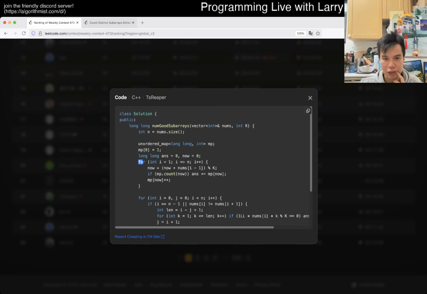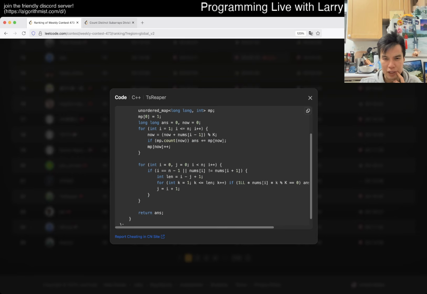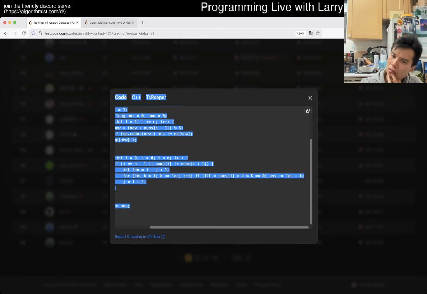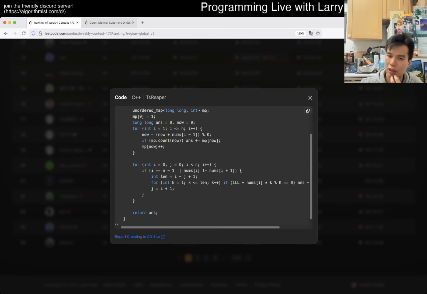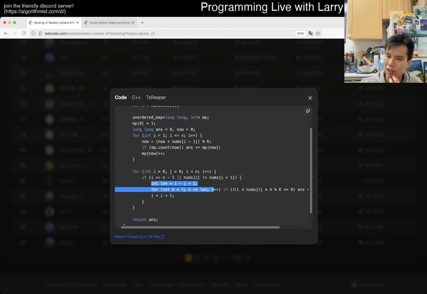I mean, I wrote this part. IJ, I guess they did it with some sliding. Oh, I see. I mean, if he thinks this is fast enough, then it must be. But I was thinking about something along these lines.